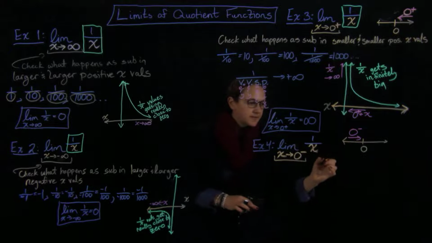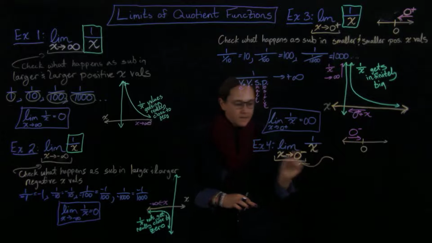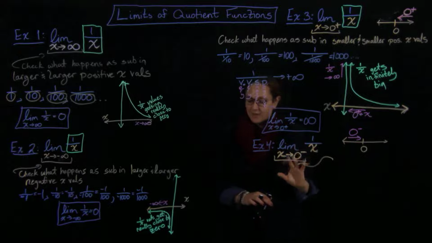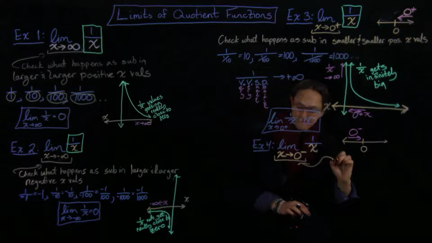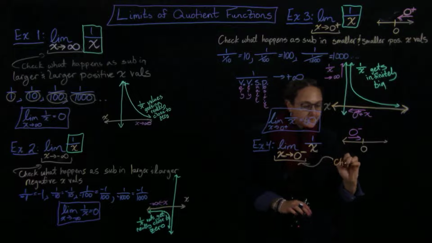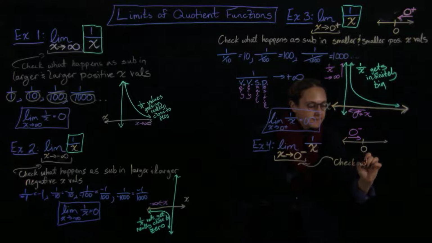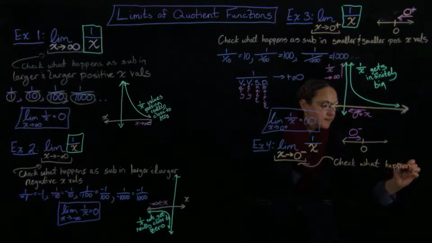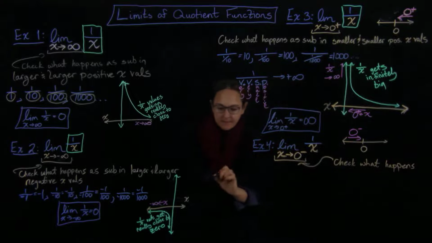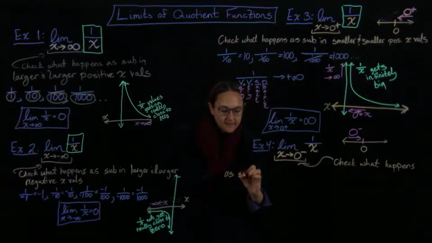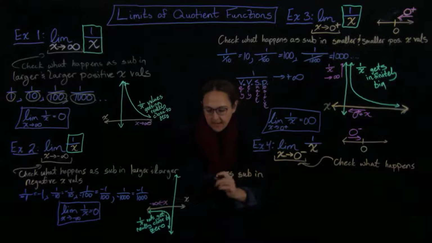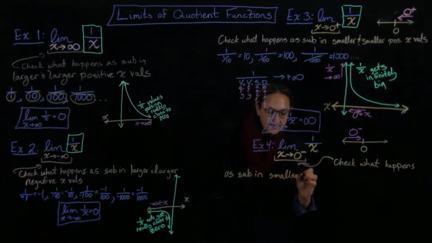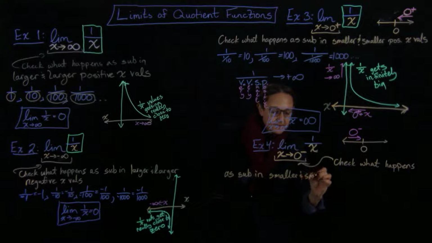So this tells me that I need to check what happens as I sub in smaller and smaller negative x values. So again, it's still smaller and smaller, but now it's negative.